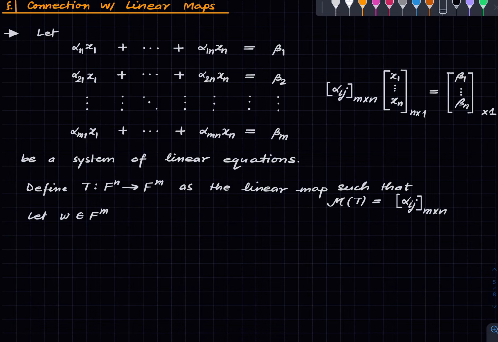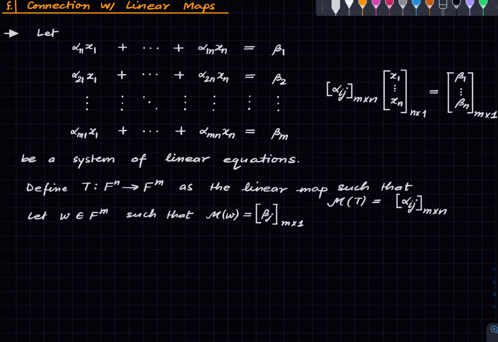This is an M. Sorry about that mistake. So W be a vector, or rather the vector, such that the matrix representation of W, or the coordinate representation as we have called it, is this thing.